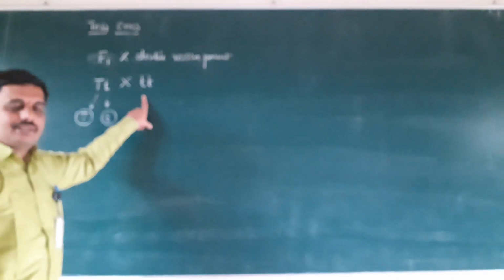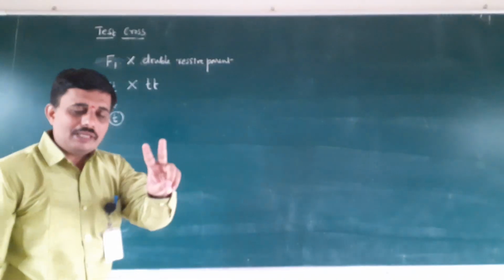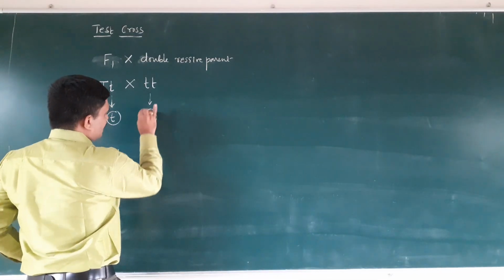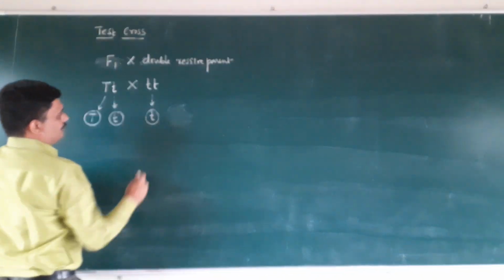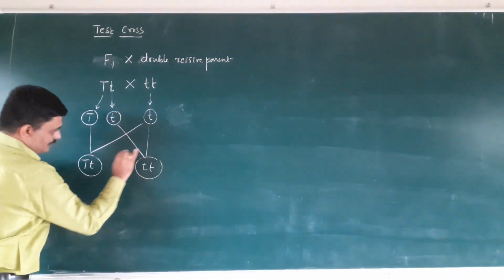The recessive parent is homozygous, so it produces only similar gametes. There are two gametes, but they are similar, so we are taking only one. Crossing them, the offspring get capital T and small t, and here we get small t.